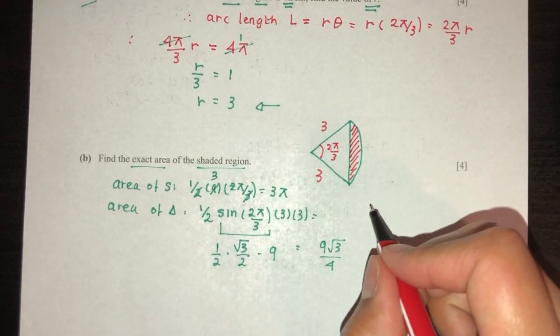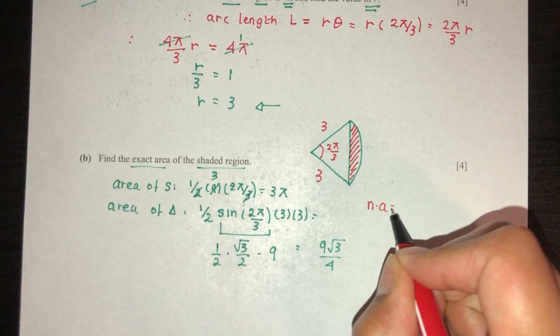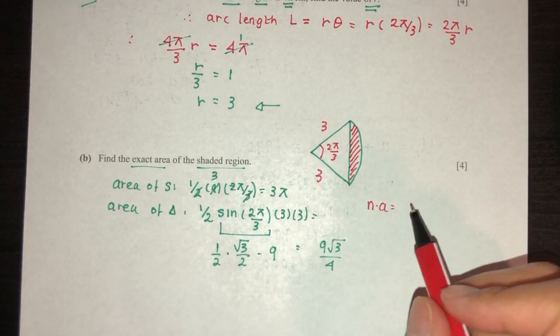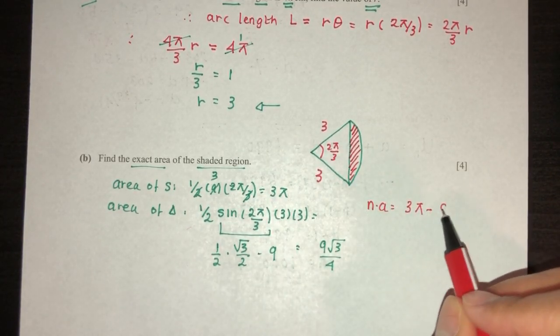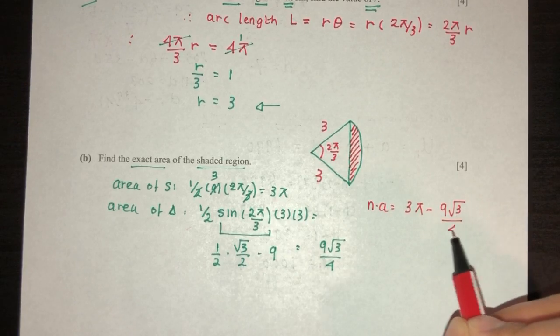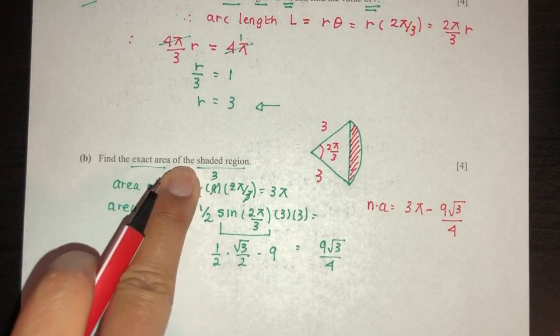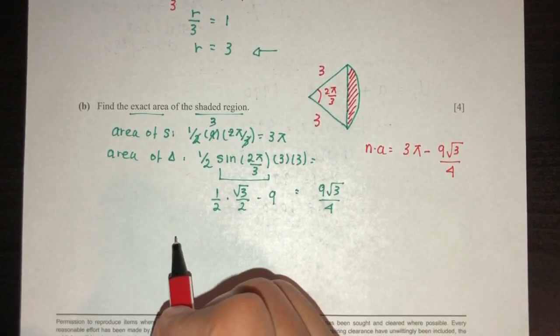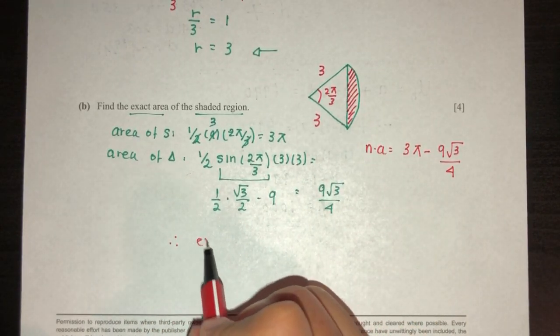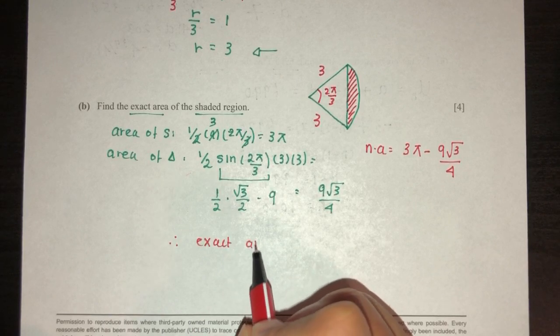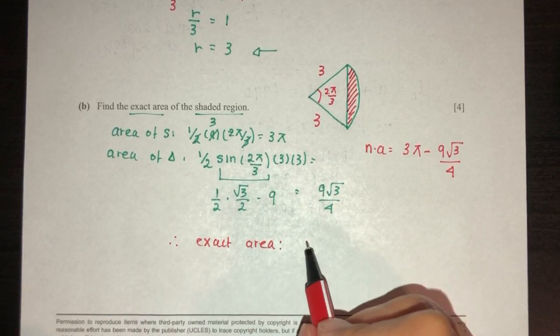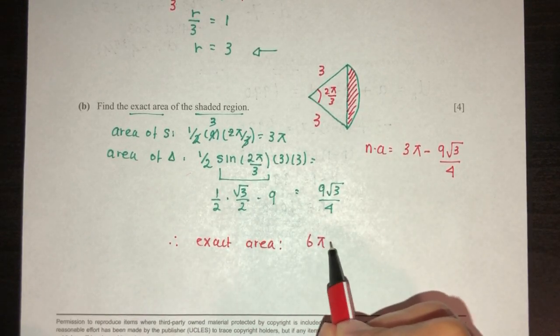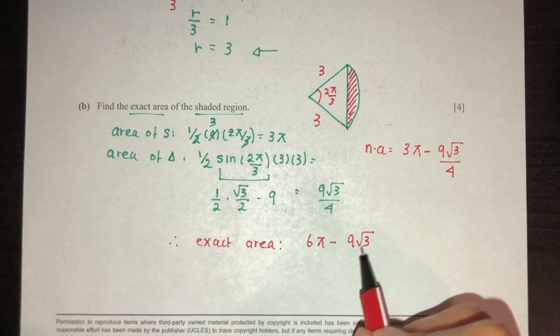So the needed area should be this area minus this one. Here you have to find the exact area. Once you have this area, you multiply by 2. So the exact area will be 2 times this, which is 6 pi minus 9 root 3 over 2.